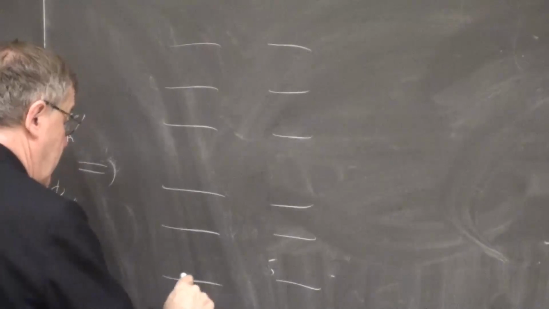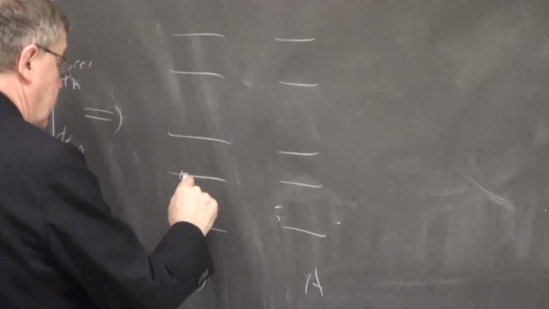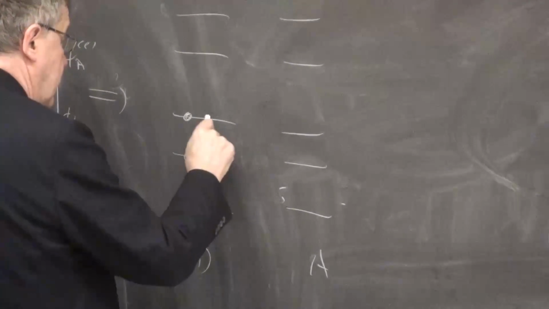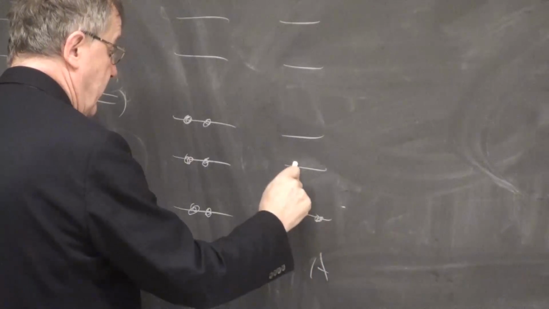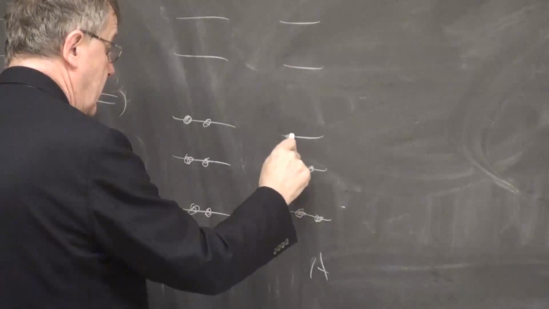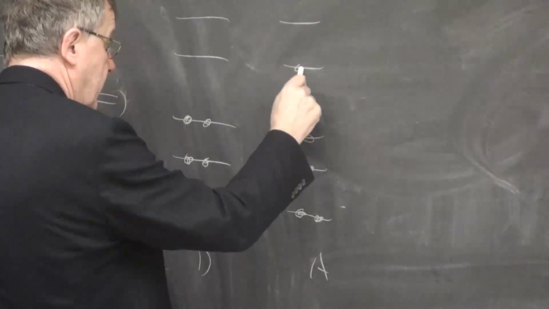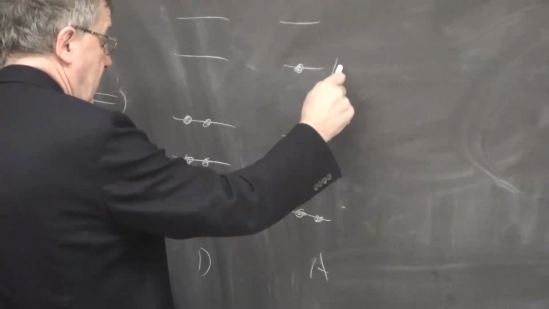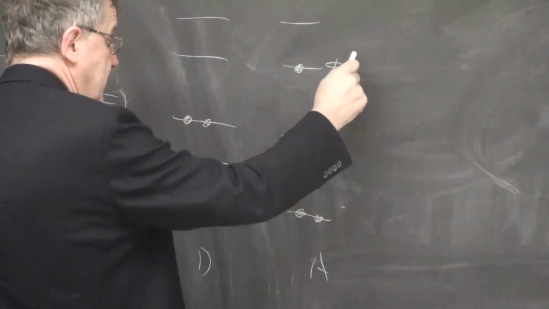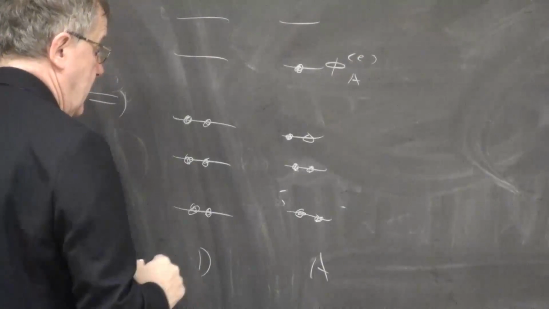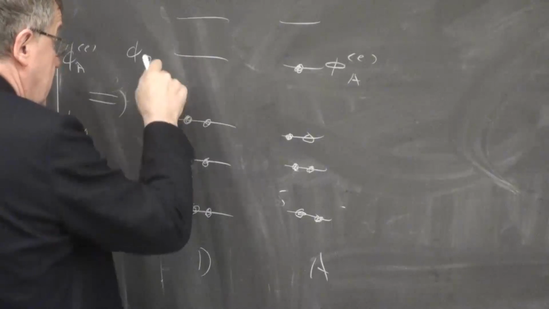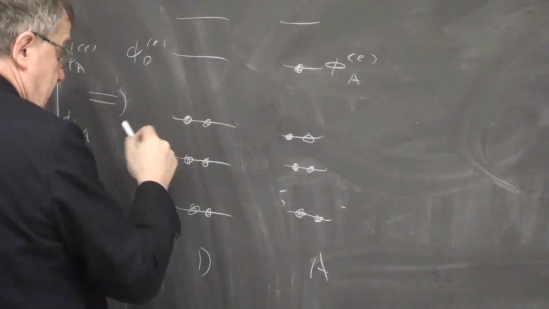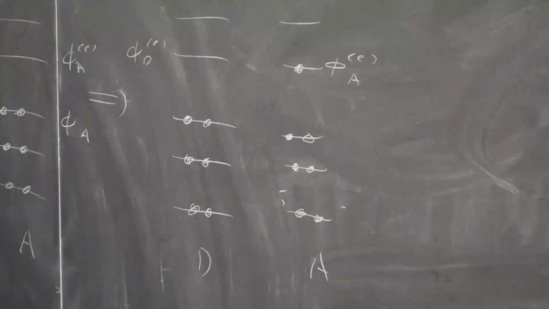And now we have the donor being in the lowest energy state, and the acceptor having now one electron promoted. And so here we are now in the state phi A excited, and here phi d excited is not populated, and so we have this transition.